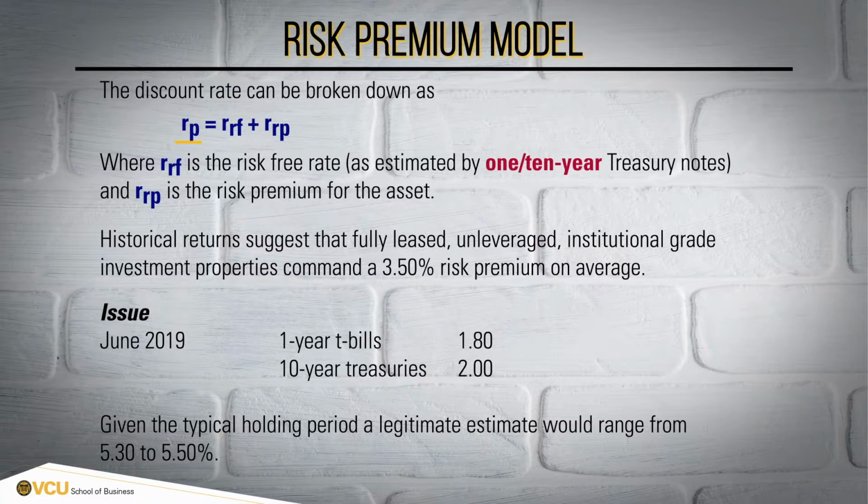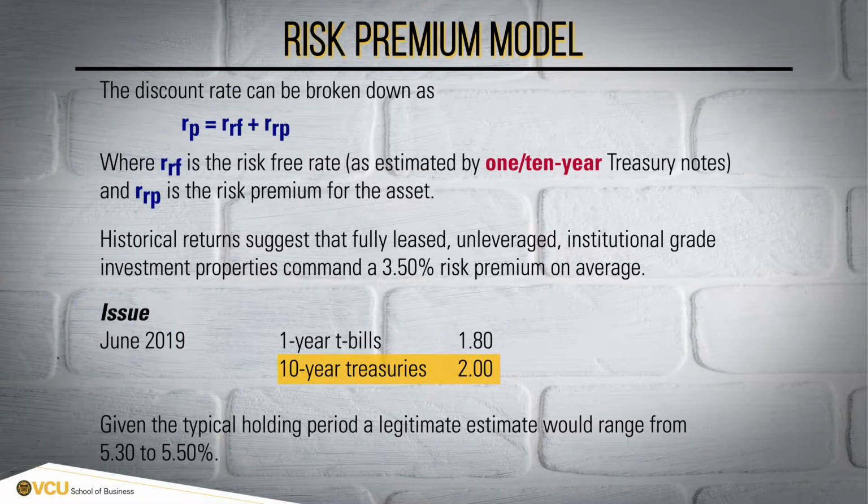Okay? We can start with, for the risk-free rate, our risk-free returns from U.S. Treasuries. I have two illustrated here from recent times. The 1-year T-bill and the 10-year Treasury. If I'm doing this, I will typically look at the long-term rate.